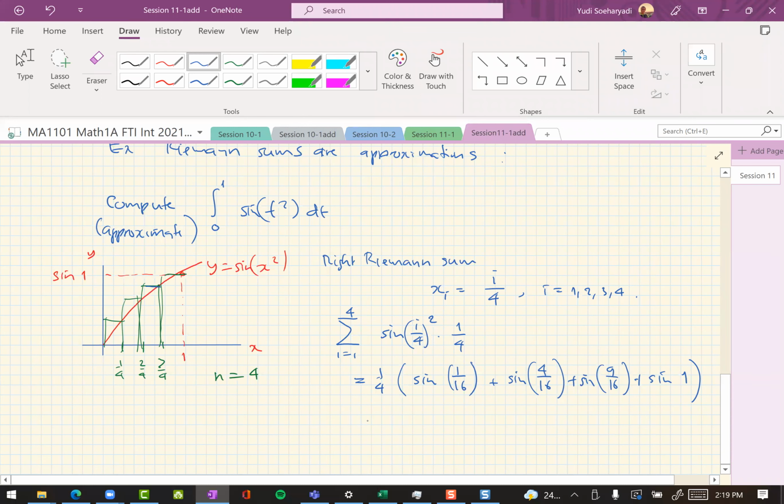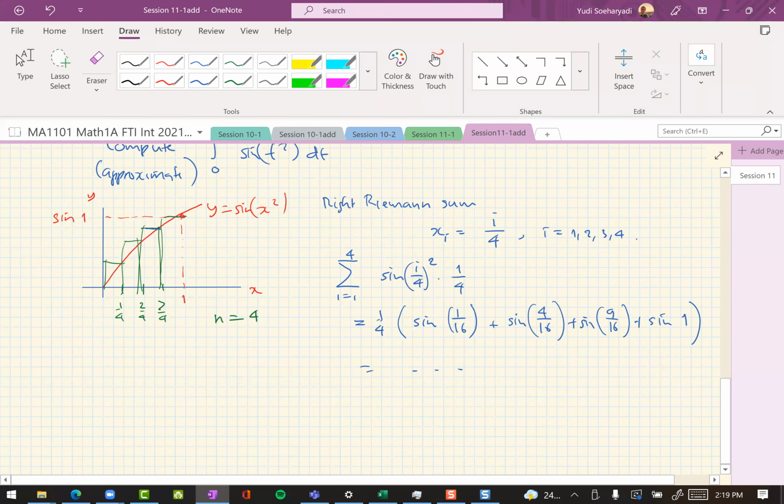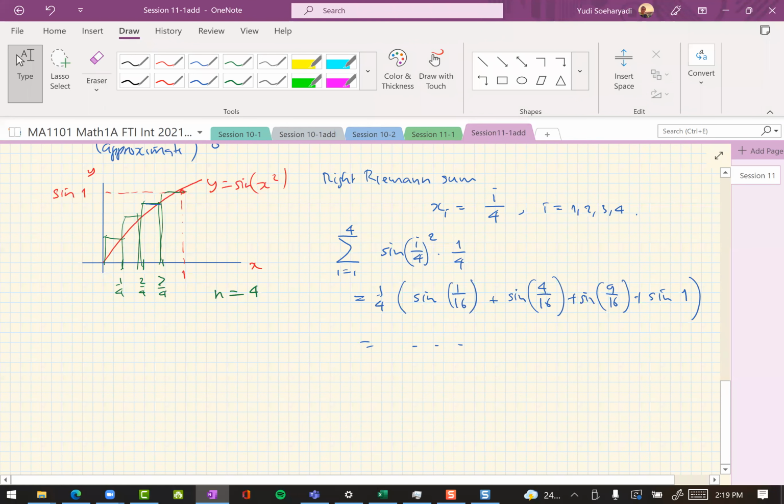All right, so that's an approximation, and you can generalize this to any n.